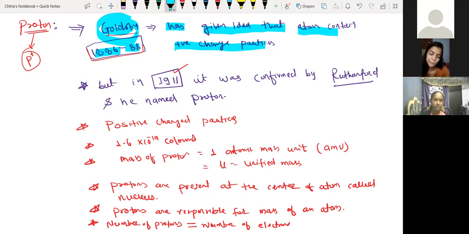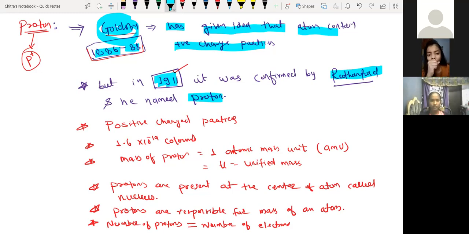But in 1911, Rutherford confirmed that the atom has a positively charged particle, and he named that positively charged particle the proton. He gave many points related to the proton.